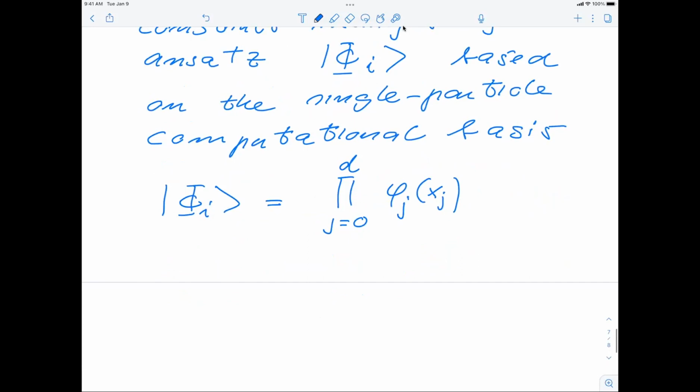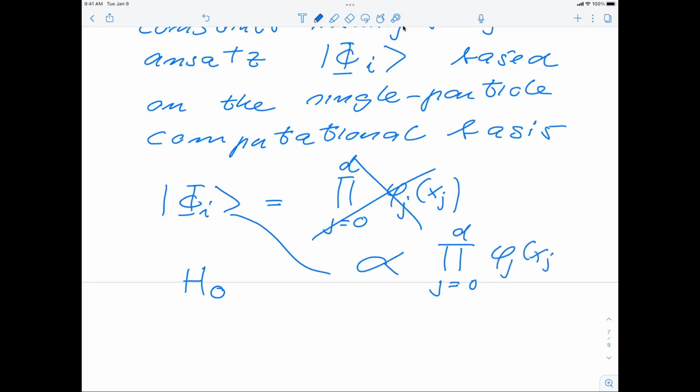And the thing which we are going to state now, without proving it, we are going to calculate later. Tomorrow is actually the day when we are going to calculate and show that these things lead to the eigenstates of the unperturbed Hamiltonian. So what we are going to state now is that if I construct such a basis, instead of equal, we are going to say that this is proportional to some kind of product.